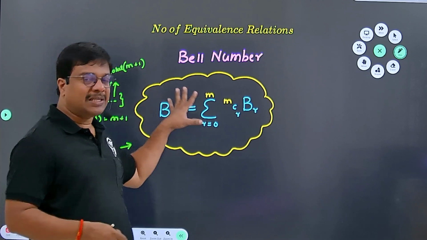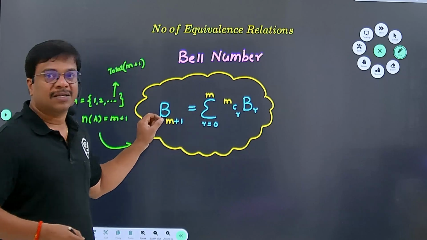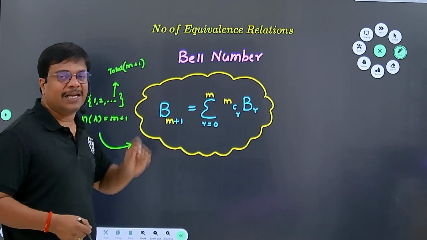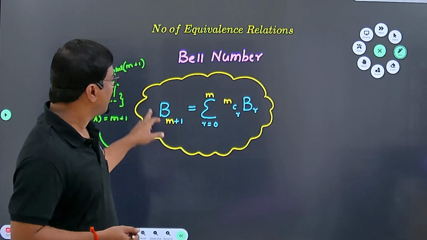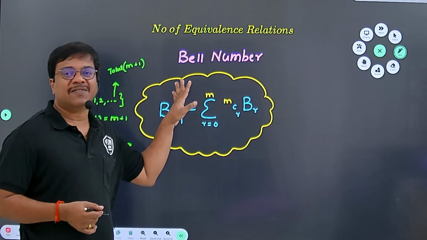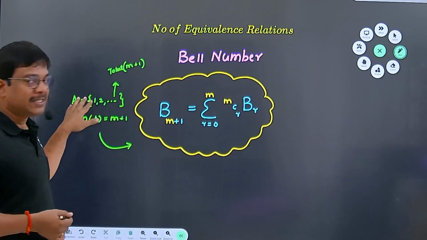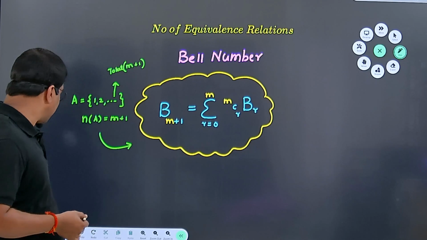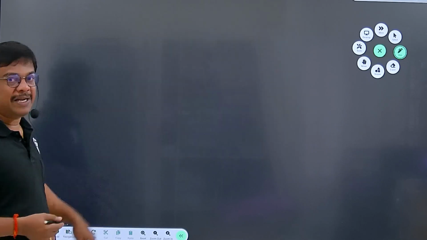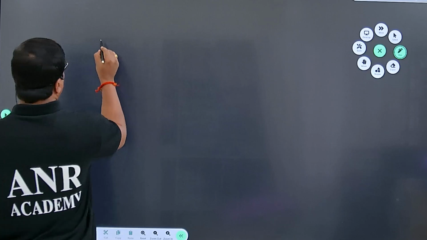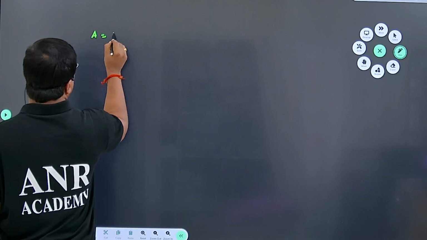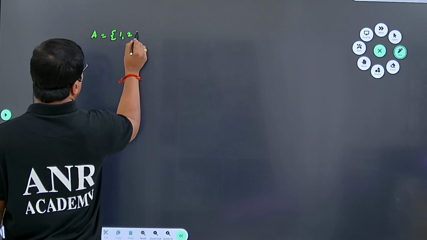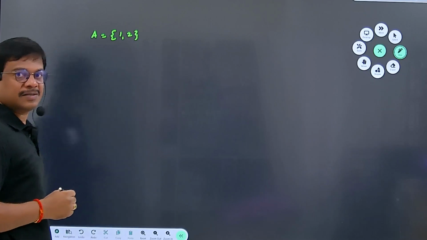This is the mathematical notation, whereas Bell number indicates the number of ways of selecting partitions of a given set. Let us discuss that first, and then we go for the mathematical notation. Suppose there is a set containing only 2 entries.